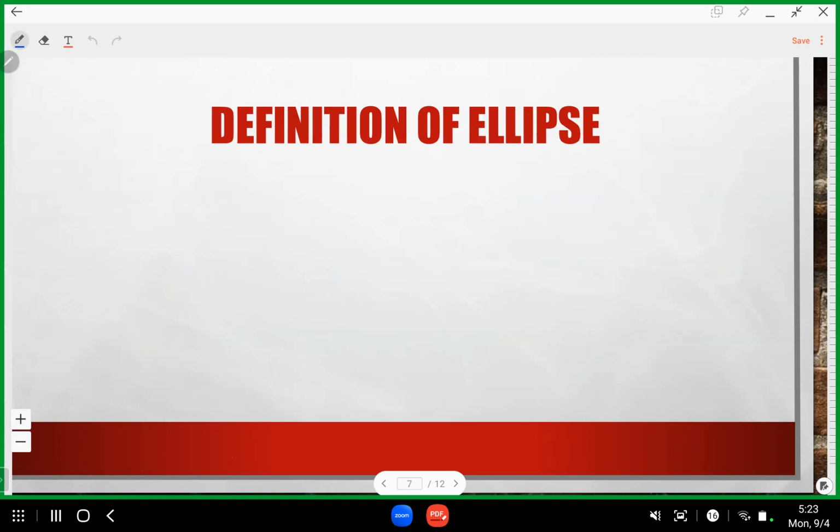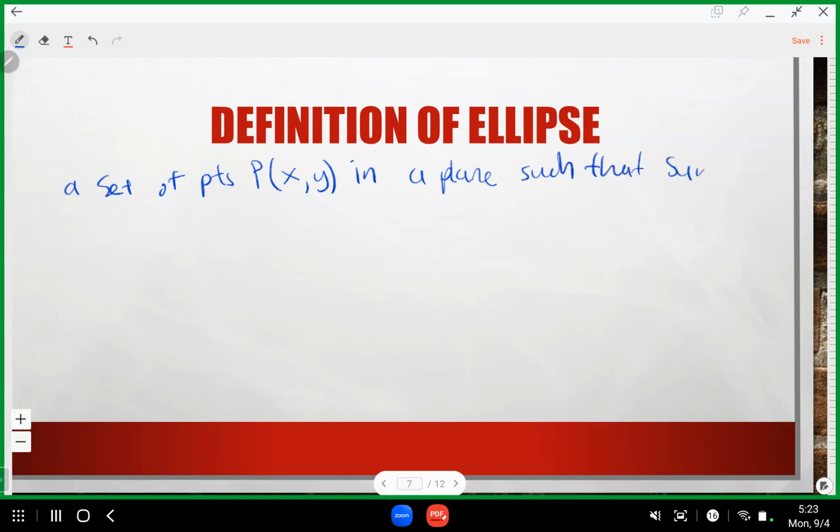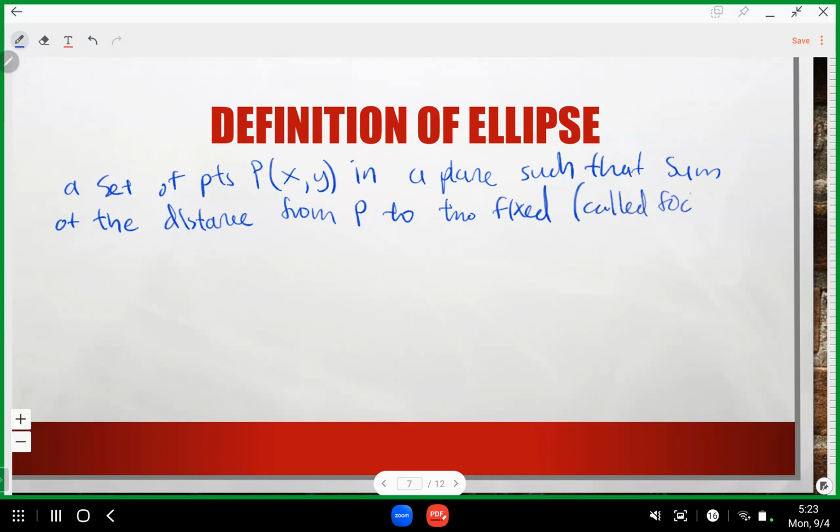So let's see. We can have the definition of an ellipse: a set of points P(x, y) in a plane such that the sum of the distances from P to two fixed points, called the foci, is constant.